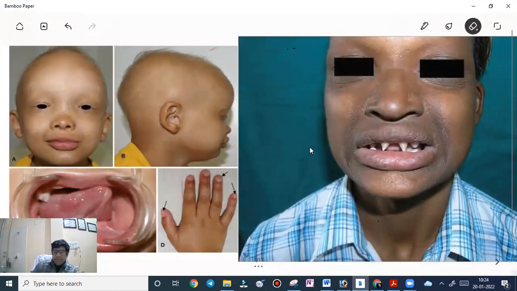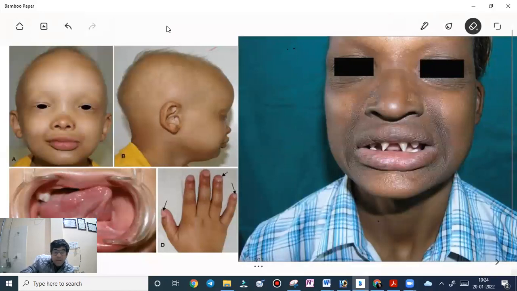What is ectodermal dysplasia? As the name suggests, it is derived from two words: ectoderm and dysplasia. The term dysplasia means there is abnormality, and the second term is ectoderm.